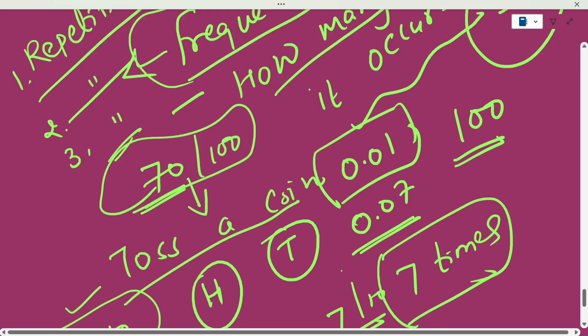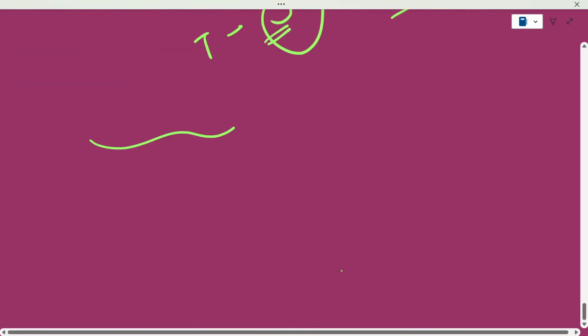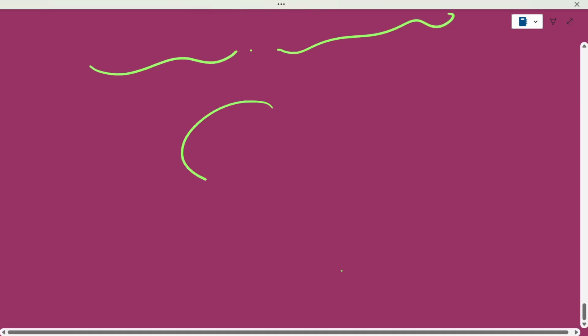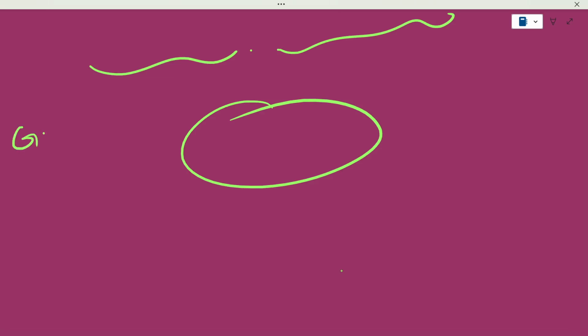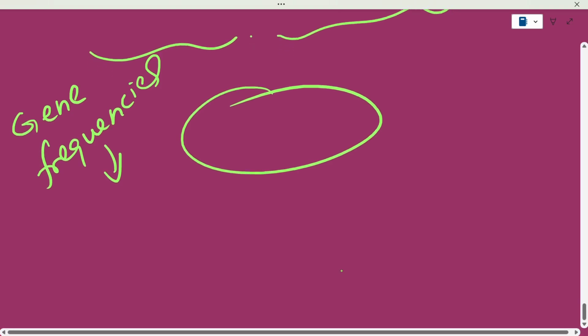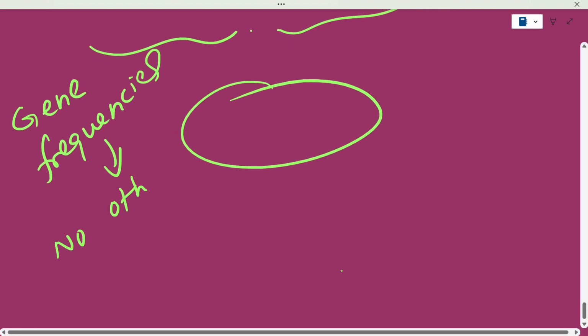And now let's again have a look at where we started. According to Hardy-Weinberg, a population's gene frequency will remain constant if there are no other influencing factors, which can be clubbed into evolutionary factors.